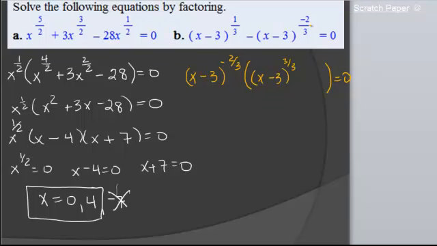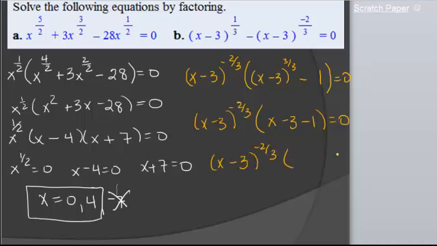It is, right? Well, if you factor it out of itself, you just have 1. Okay, so let's simplify that. X minus 3 to the negative 2/3 times, well, 3 over 3 is 1, and x minus 3 to the first power is x minus 3. So we're going to have x minus 3 to the negative 2/3 times x minus 4 equals 0.